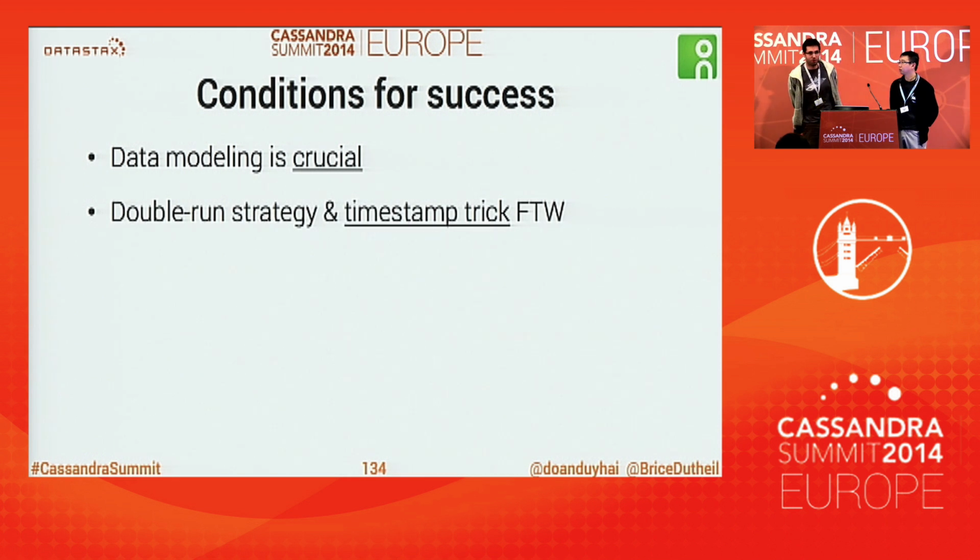Migrating is also an important phase, and you have to understand that the double run strategy is kind of useful if you don't want to interrupt your production. And the timestamp trick is interesting for concurrent updates. We use this, and we are kind of happy with that. So, good thing to know.